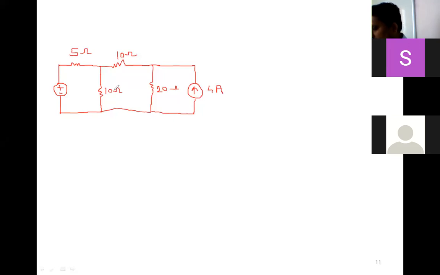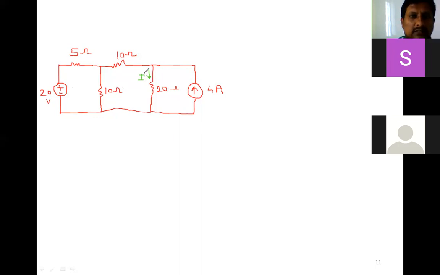That is 20 volt. So this is the example, and we need to find out the current passing through this 20 ohm. That is I.